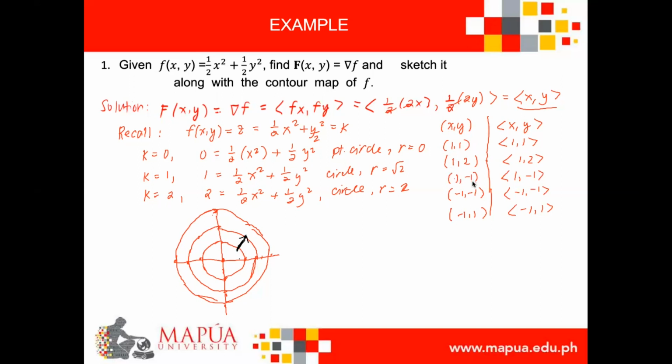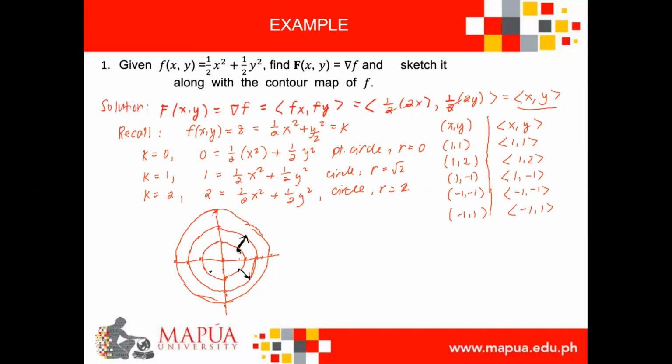Then let's have 1, negative 1. 1, negative 1 is located in the fourth quadrant. So this is your point. Then 1, negative 1 is the component of your vector. So we measure 1, then negative 1: 1 to the right, 1 downward. Then we have negative 1, negative 1, so it is right here.